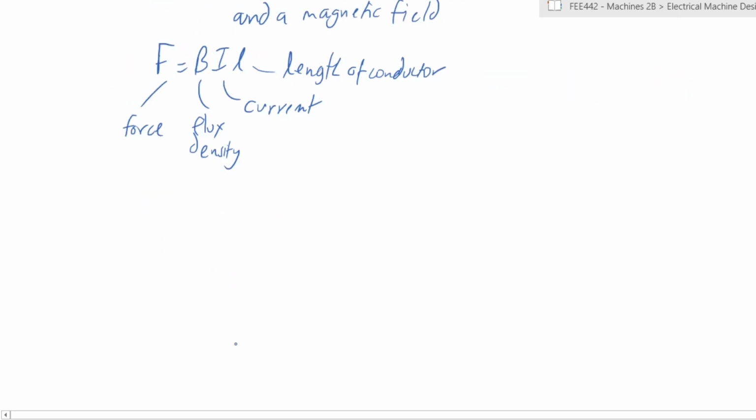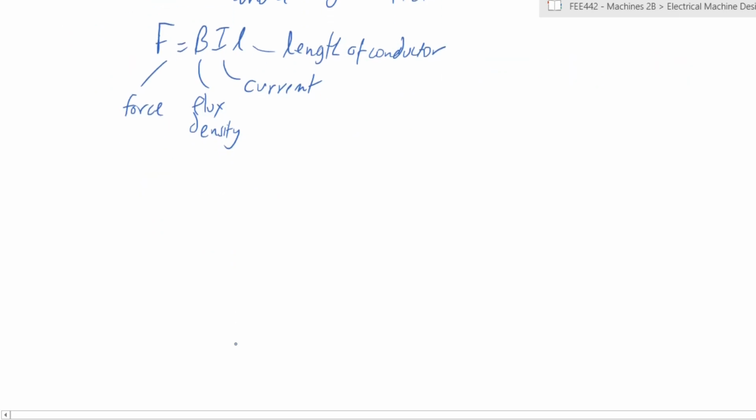So if we were to describe this interaction, we would be able to show it in this way. So you have your magnetic field looking like that. Then you have a current carrying conductor, say looking in that direction.